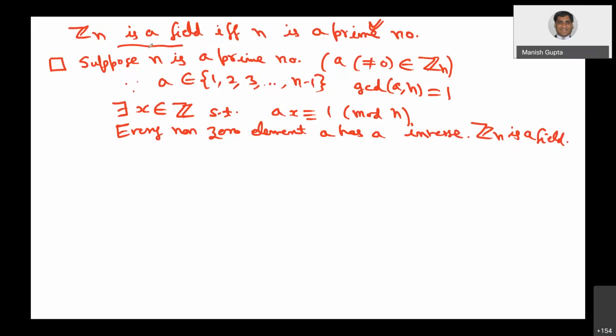Now I have to assume Zn is a field and prove that n is a prime number. So rather than proving this, I assume that suppose n is not a prime number, and if I show that Zn is not a field, then also our job is done, because we are taking the negation of the statements. So suppose n is not a prime number.